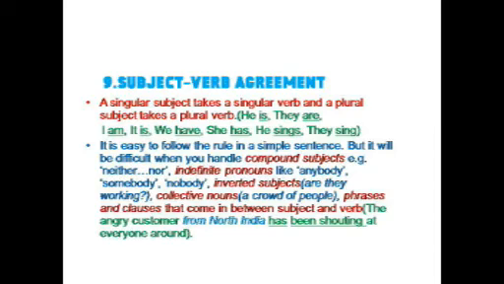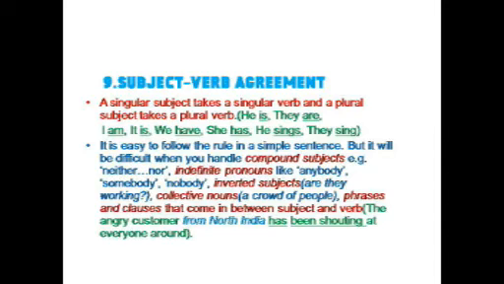It is easy to follow the rule in a simple sentence, but it will be difficult when you handle compound subjects like neither nor, or indefinite pronouns like anybody, somebody, nobody, and inverted subjects where the subject comes after the verb. Usually in a sentence the subject comes first, then the verb, but an inverted subject occurs, for example, when we are asking a question like are they working.